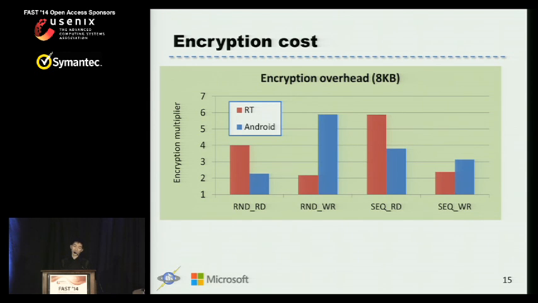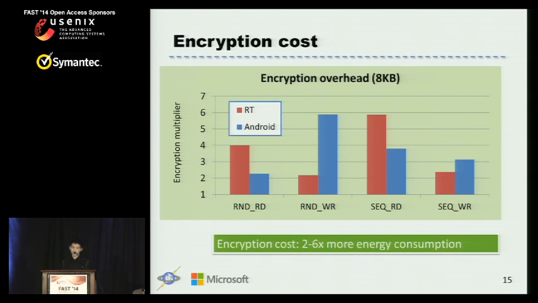The y-axis here is the ratio of energy consumed by the encrypted device over the unencrypted device. As we can see from here, the encryption cost for RT or for Android is 2 to 6 times more energy. So that is very huge.